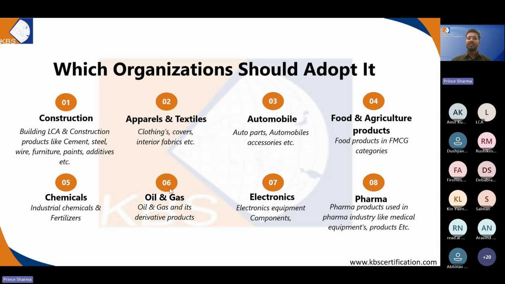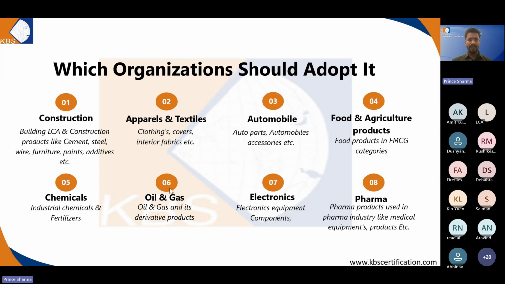Oil and gas, electronics. In electronics particularly, anything you are watching and everything comes under the life cycle assessment, as the problem of e-waste is very high and increasing rapidly. So electronics comes under the life cycle assessment, and companies are also following that.